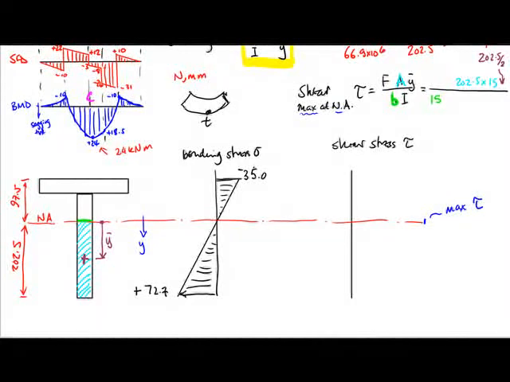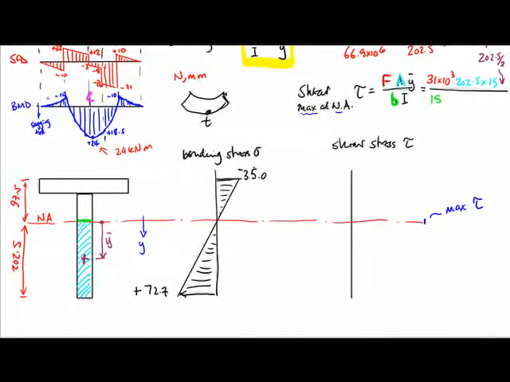F is the shear force. From the shear force diagram, since we want the largest stress, we also need the largest shear force. So we look through the shear force diagram for the biggest value, and the biggest value is 31 times 10 to the 3 newtons, which is this value here. So the largest shear force in the beam is 31 kilonewton, so 31 times 10 to the 3.